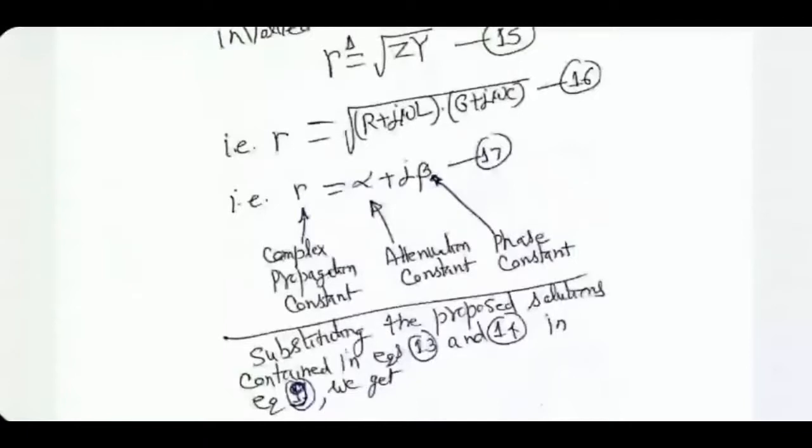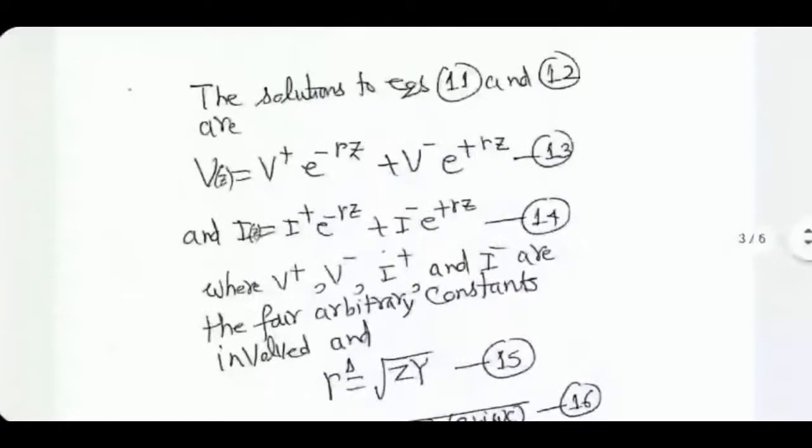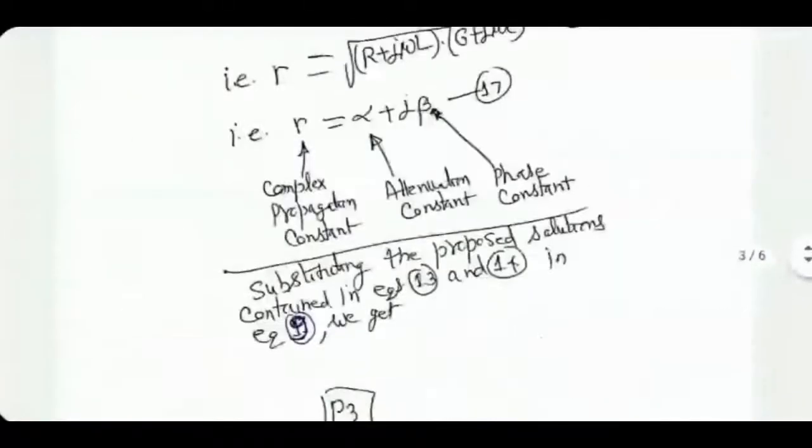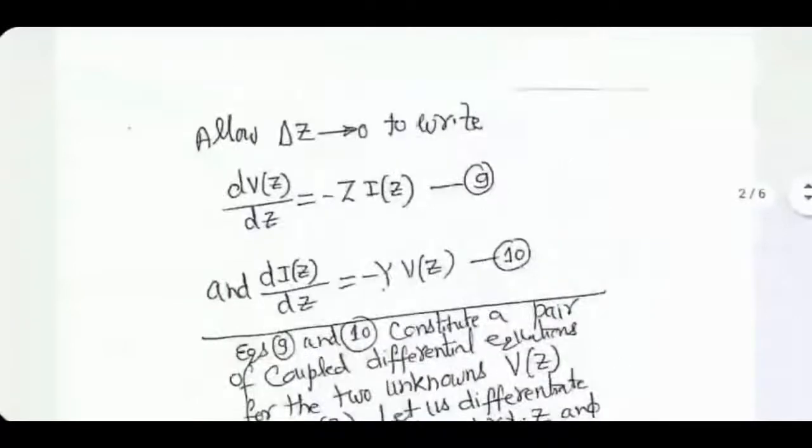But supposing we have agreed to this proposed solution, let us put it back in one of the earlier equations. Let's say in equation 9, V had been derived in terms of V plus and V minus.